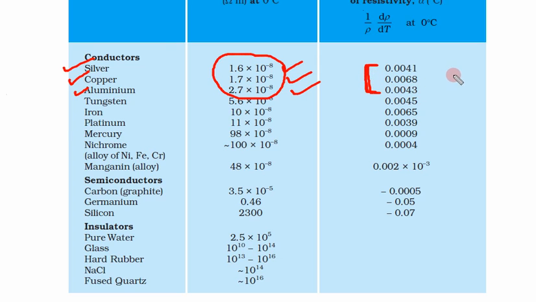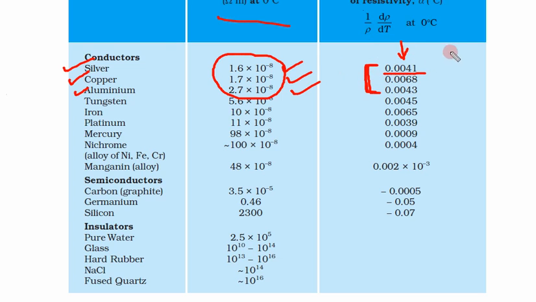That means, suppose this is the resistivity given at 0 degree Celsius. If we increase the temperature, their resistivity will increase. How? What is this quantity? Delta rho, change in rho upon rho into delta T. So this is alpha given for all of them.